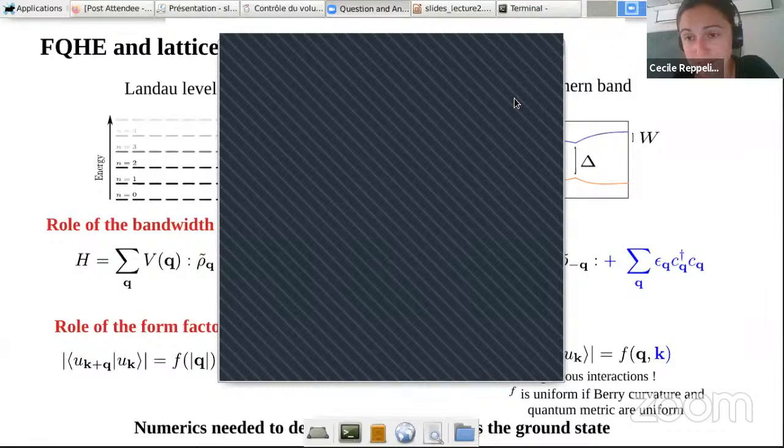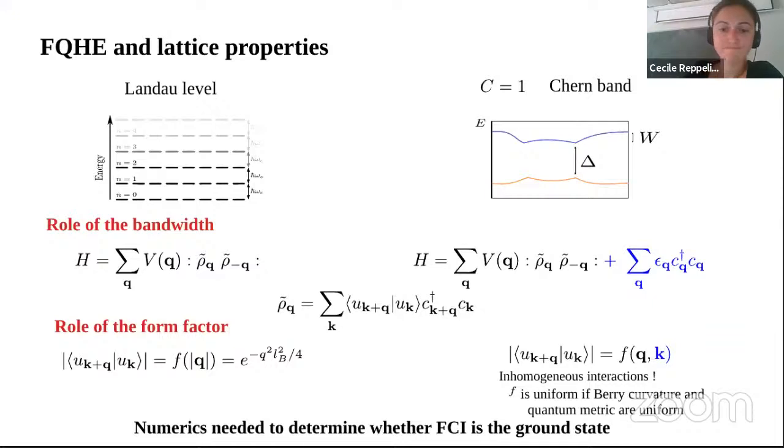So if you start screening the interaction, you're still going to get the fractional quantum Hall effect. And for fractional Chern insulators, I believe it might depend on the screening length, right? But other than that, I can't really make any very general statement. Okay, thank you.